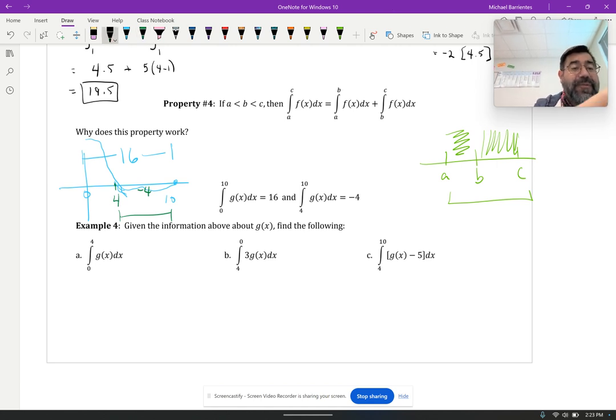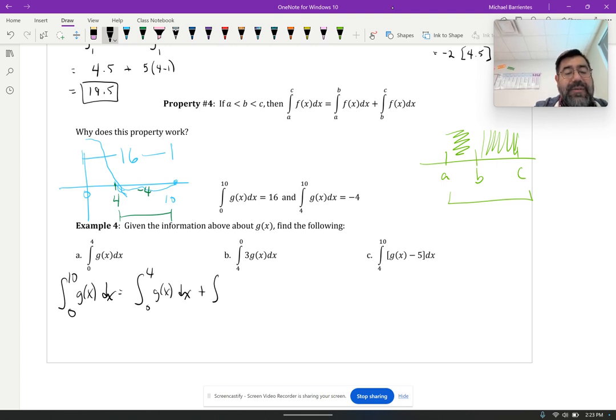Well, the formula says that the whole integral is equal to the integral from 0 to 4 plus the integral from 4 to 10. And we have two of these three integrals already given to us. You know, the answer is 16.